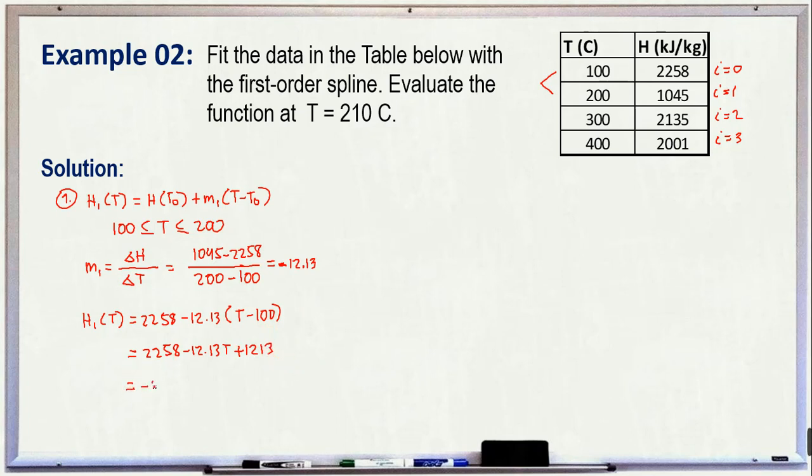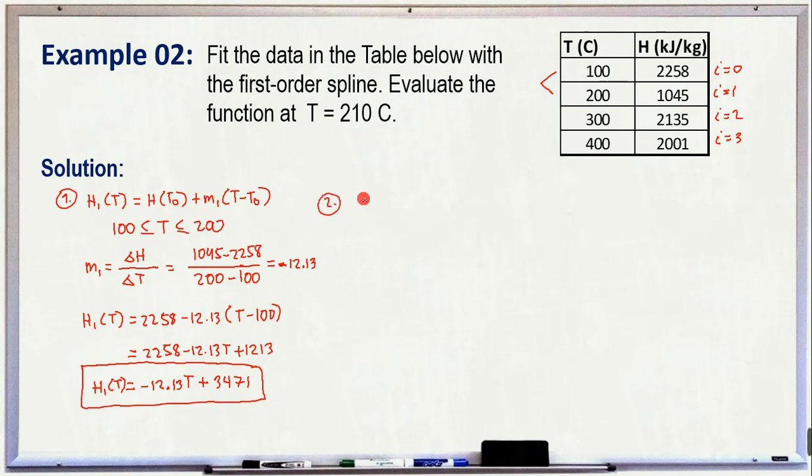Rearranging, we have negative 12.13t plus 3471. So this is our first linear spline equation that represents our enthalpy as a function of temperature.